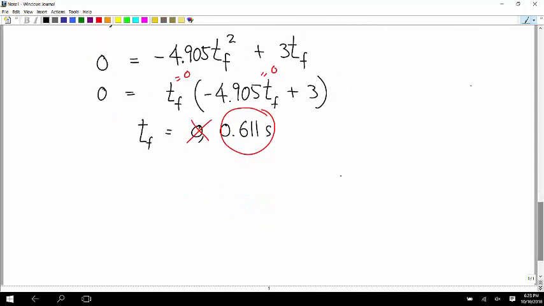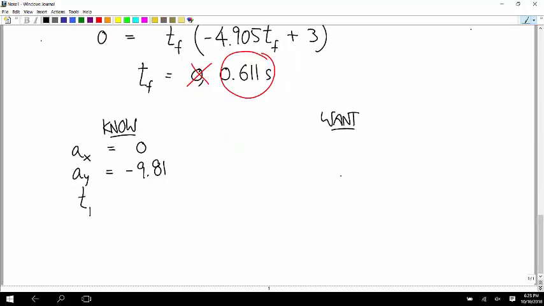And now that we know that, we can think about what we know and what we want again. We know the acceleration. Now we know time final. We know the initial x position is 0. We don't know the initial y position.